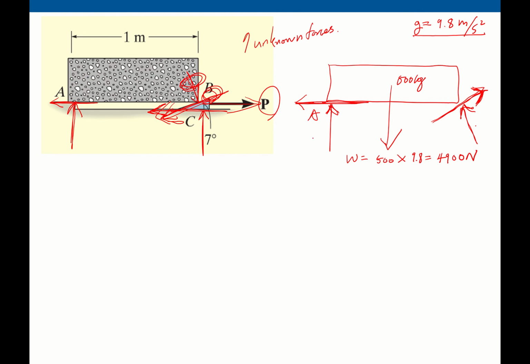Let's say this is N_A, this is F_A, this one is N_B, and this is the frictional force F_B. And we know that mu s is 0.3.